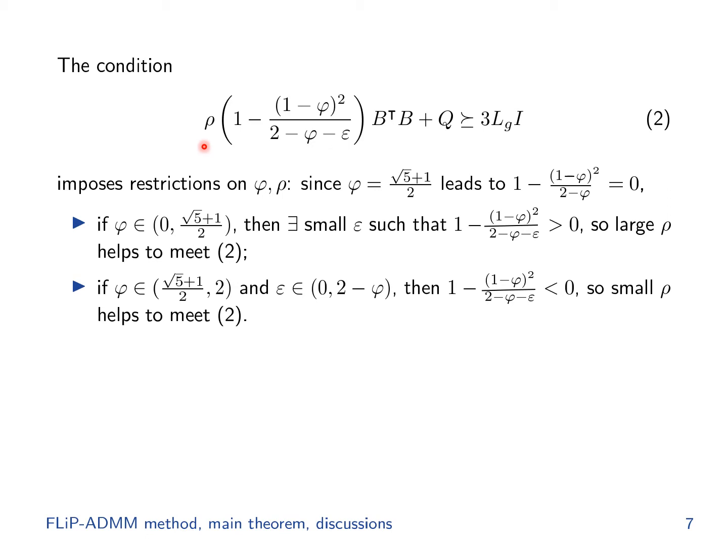Therefore, a larger rho helps us satisfy this inequality. If rho is above the golden ratio and less than 2, then for any epsilon in this range, this parentheses is negative. Therefore, a smaller rho will help this inequality get satisfied.